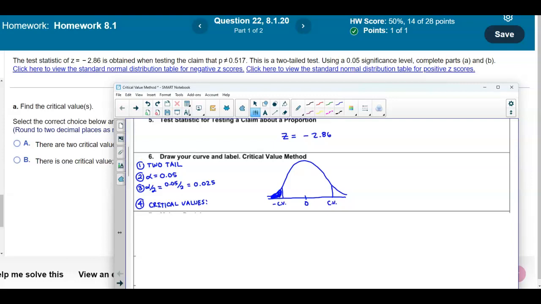The area on the left is 0.025, and the area on the right is 0.025 as well. And therefore these represent the critical regions.